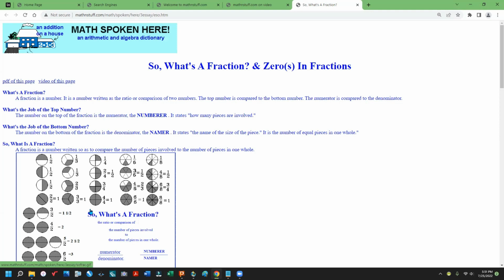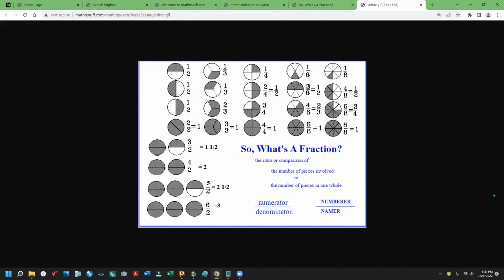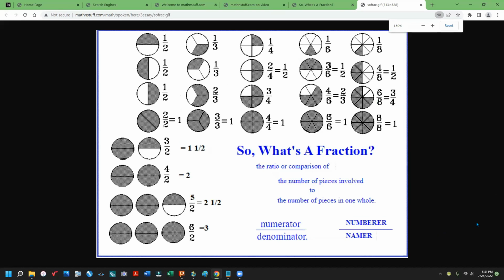So what's a fraction? It's a ratio or comparison of two different numbers. On the top, you have the number of pieces involved in the fraction. And on the bottom, you have the number of pieces in one whole. This circle is one whole circle.